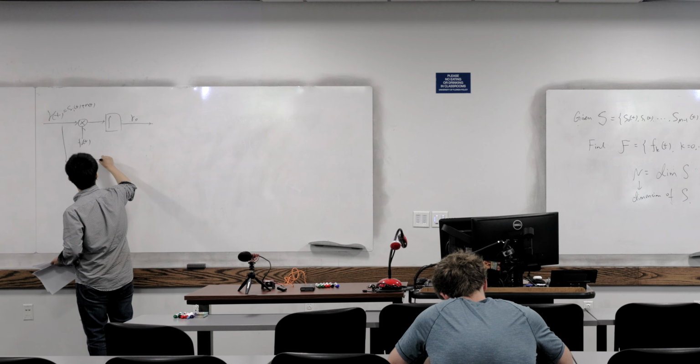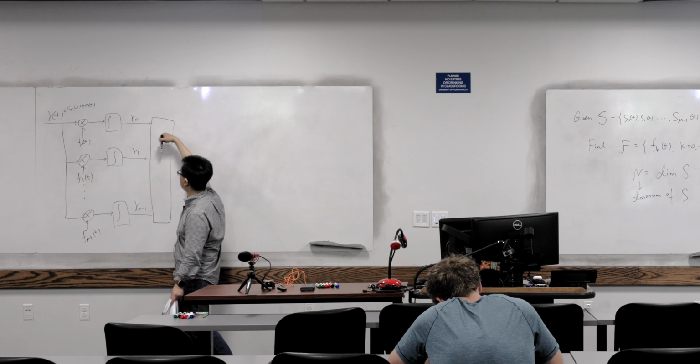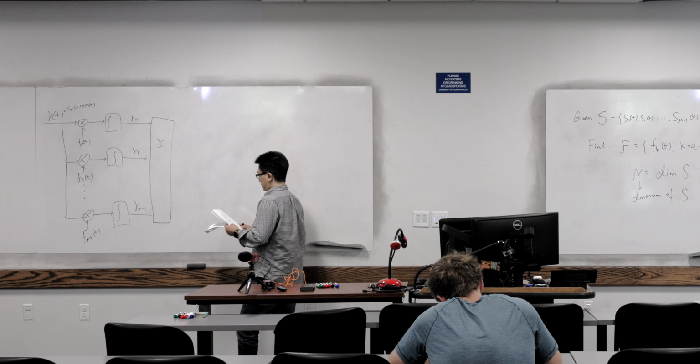Then we collect all these R's to get our received vector. I denote this with a bar as a vector, and it consists of R0, R1, up to R n minus 1.